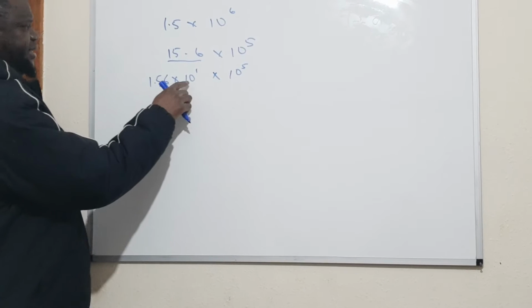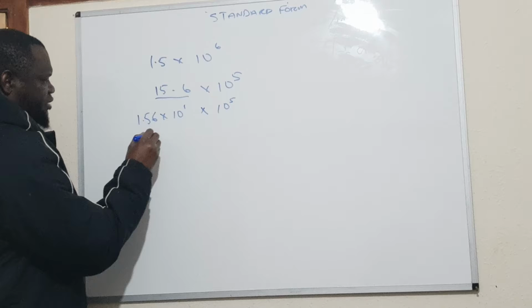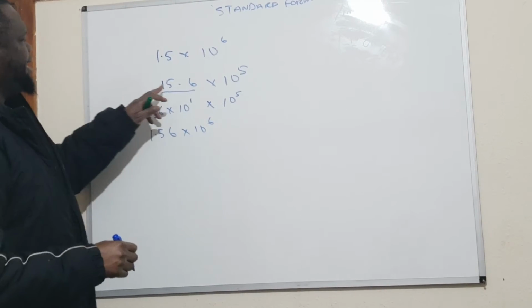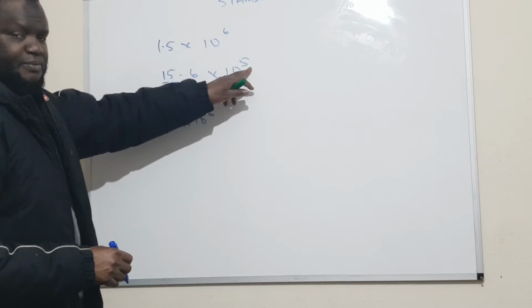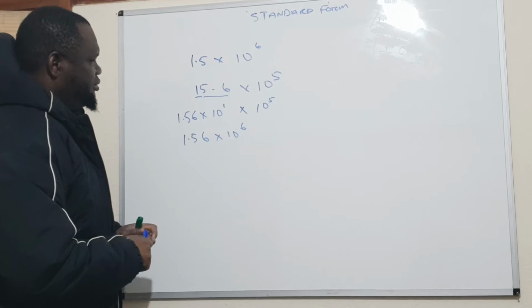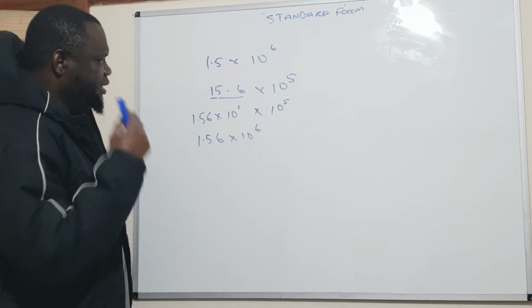Now look at it. 10 to the power 1 times 10 to the power 5. What is that? 10 to the power 6. So the answer is 1.56 times 10 to the power 6. Basically, if it is like this, you have to increase the power.